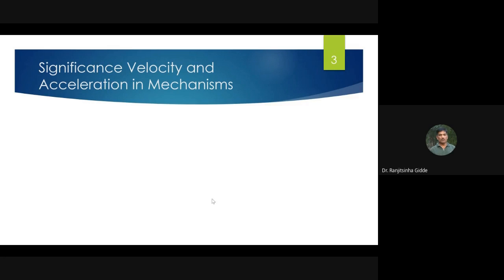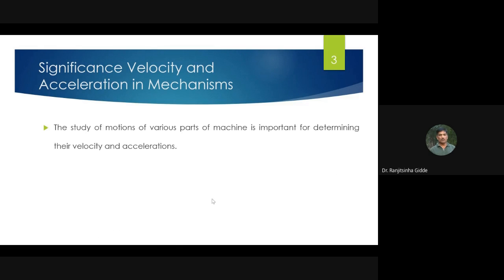Okay, thank you. So basically for each and every topic you should know why it is required to be studied. So we have seen mechanism. What is mechanism?